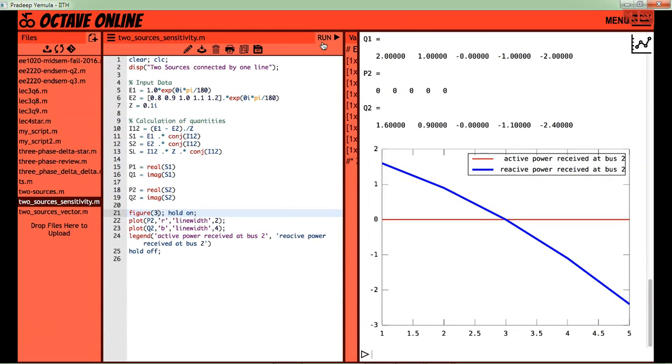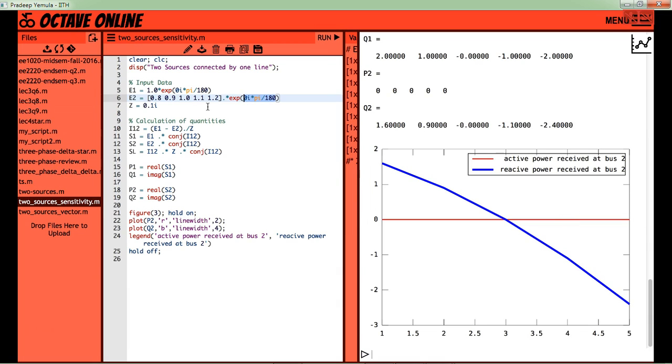So you notice on the screen on the right side there is a plot. There is one red line, that is active power received at bus 2, that is all the time 0. So why is the active power received 0? Because delta 1 is 0, delta 2 is 0. Both sides the angle is same. So that's why active power flow is not happening. If both the angles are same, active power will always be 0.